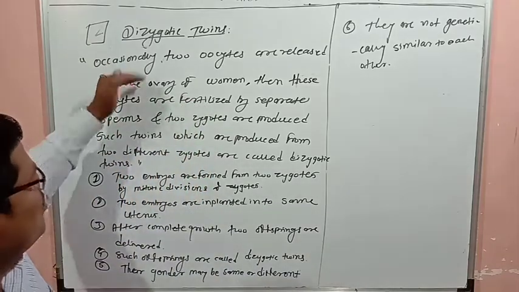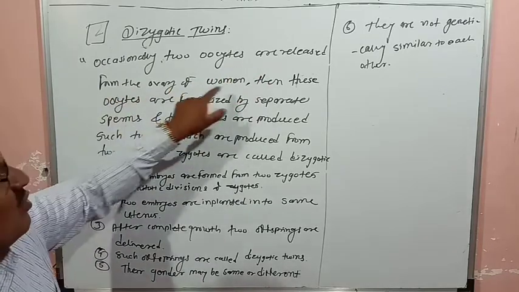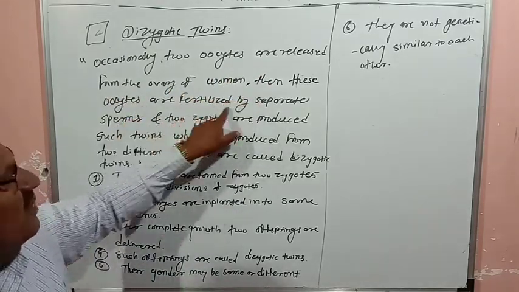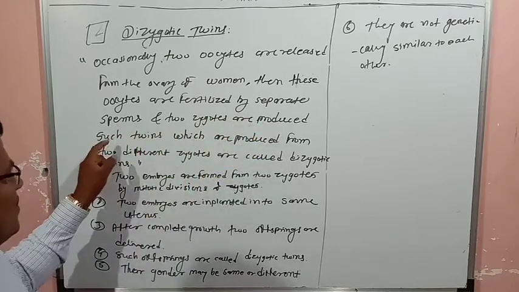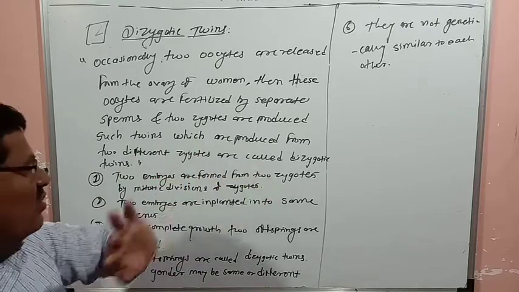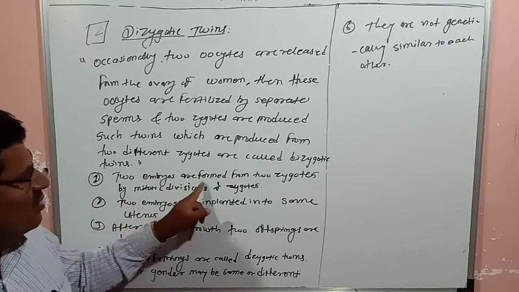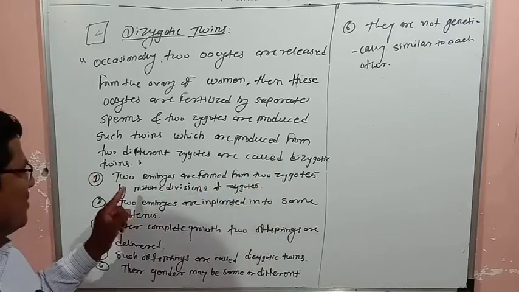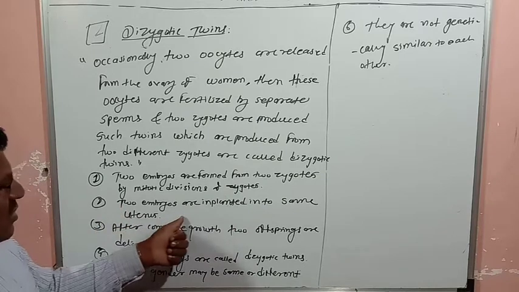Okay, so one more time, see, occasionally two oocytes are released from the ovary of the woman, and then these oocytes are fertilized by separate sperms and two zygotes are produced. Such twins which are produced from the two different zygotes are called dizygotic twins. And in that, some points are there: two embryos are formed from the two zygotes by mitotic divisions of the zygotes.